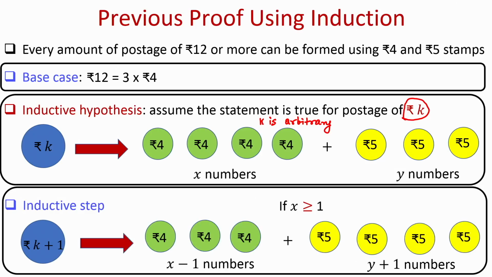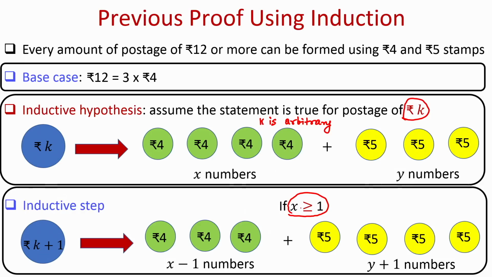Then I can take x minus 1 stamps of rupee 4 and y plus 1 stamps of rupee 5, and together that will give me a postage for rupee k plus 1. This is possible because I am assuming that x is greater than or equal to 1.